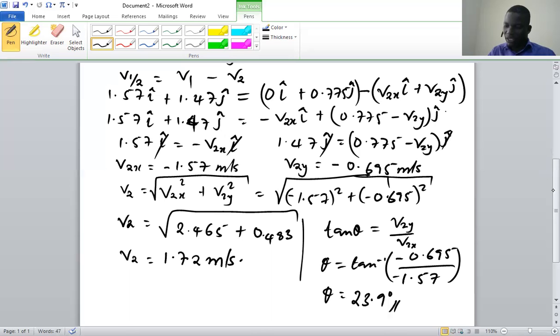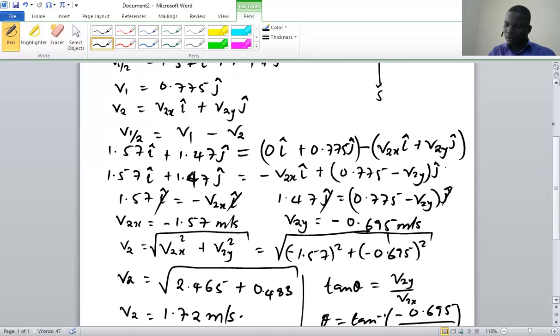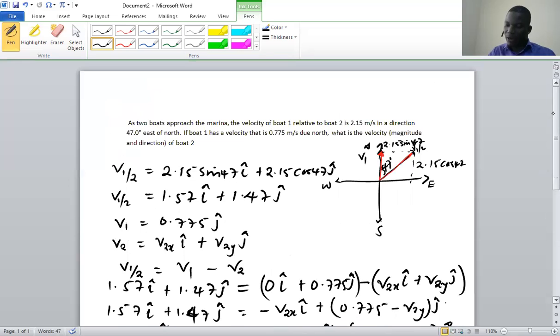Where is this angle? I just want to help you locate it. Both components of the velocity for boat 2 are negative: the x is negative and the y is negative, and the quadrant in which we have such is the third quadrant.